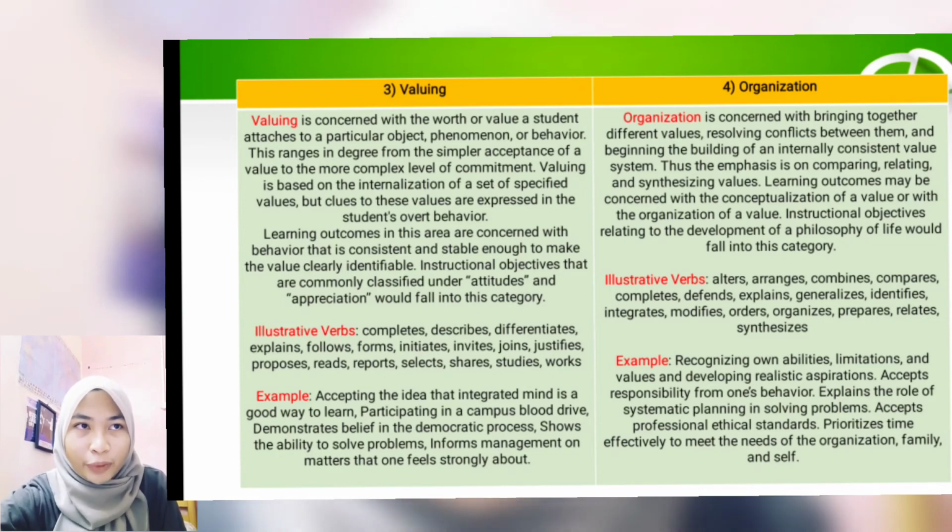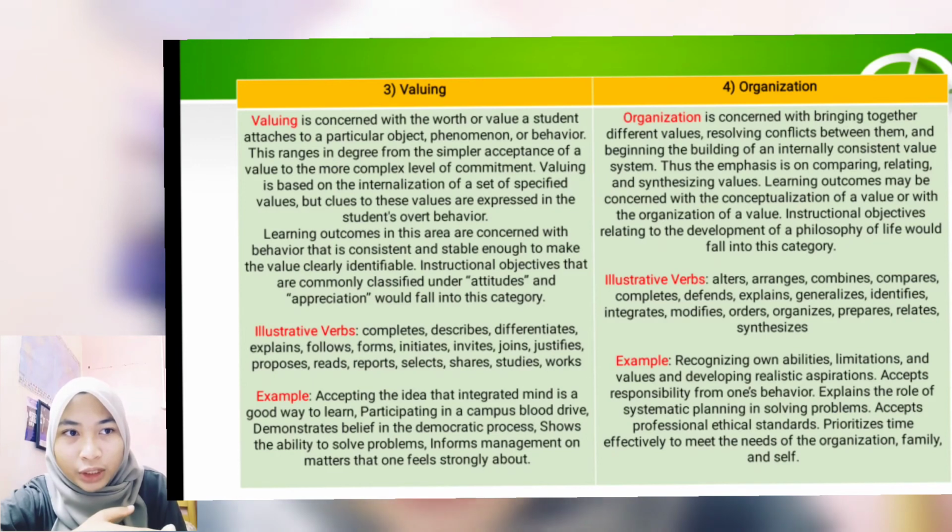So for example, for this level, which is organization, is recognizing your own ability. You must know what you have and what you can do to improve yourself, to organize yourself neatly.